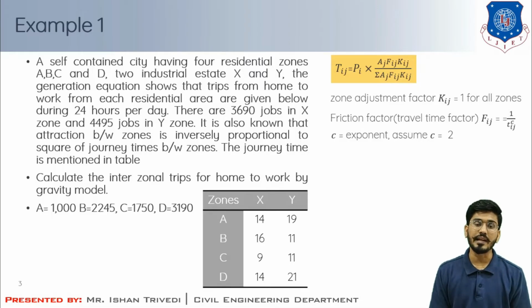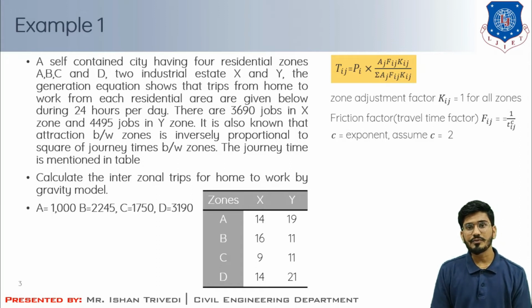Now the statement says that the attraction between the zones is inversely proportional to the square of journey time between the zones. Keep in mind that the attraction is denoted by Aj and the travel time is the Tij value.